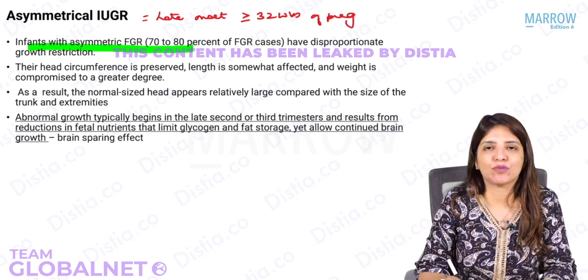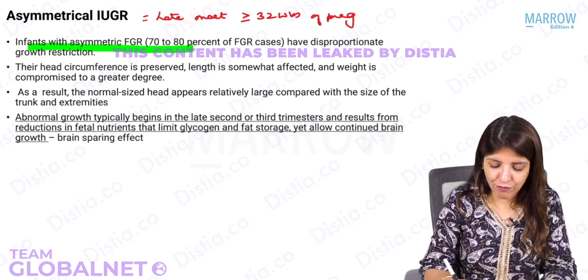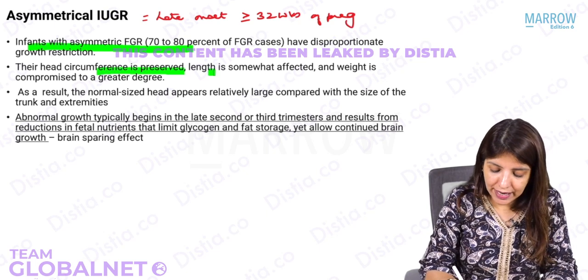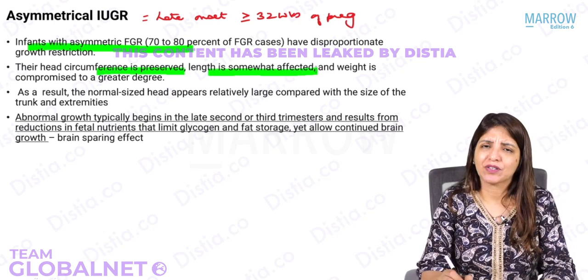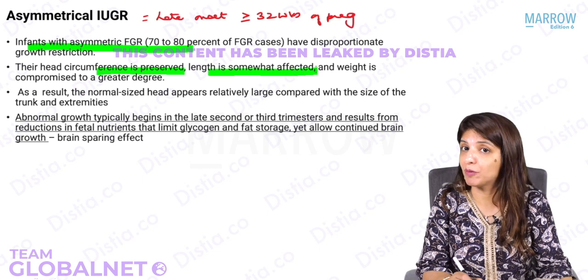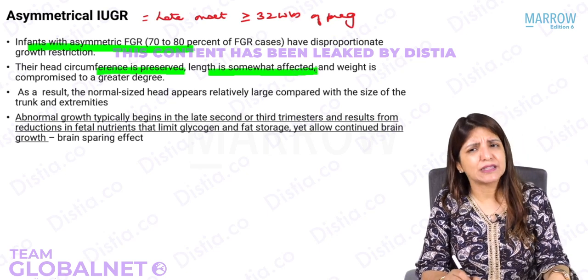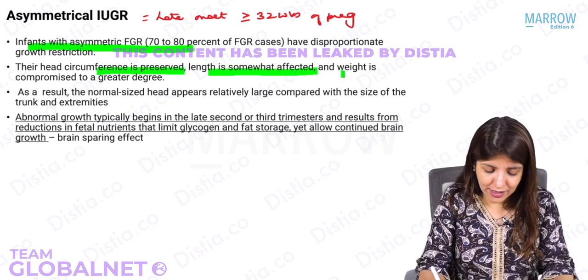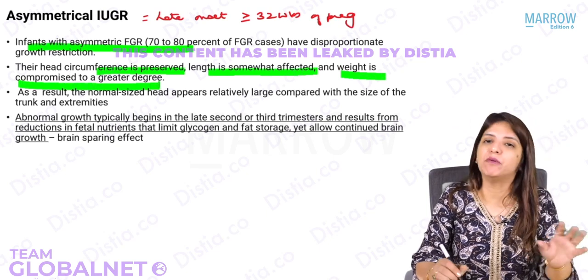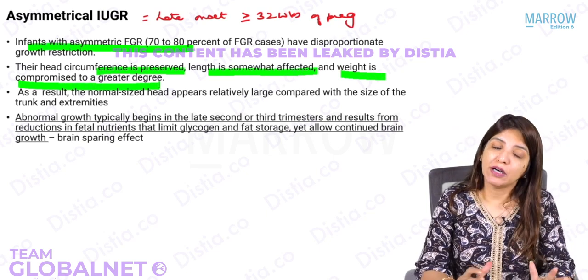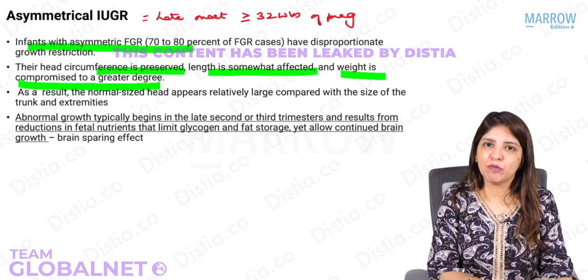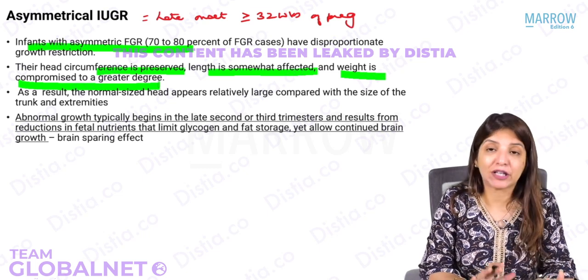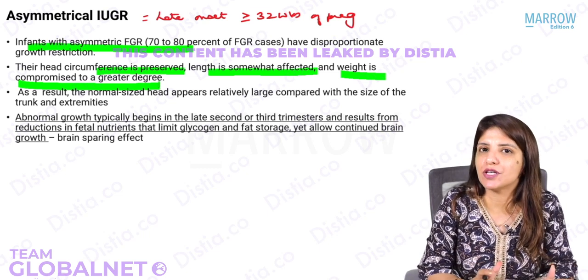Now, in this case, what happens is that the head circumference is preserved, length is somewhat affected, right? So head circumference is absolutely preserved, length is somewhat affected, but weight is compromised to the maximum degree. So birth weight is decreased to the maximum degree, length is affected but not that much, and head circumference is preserved.